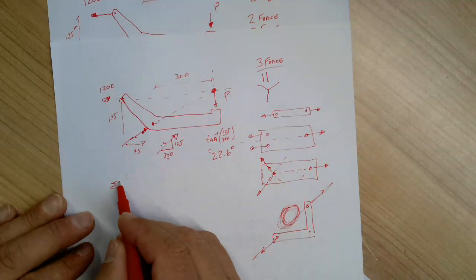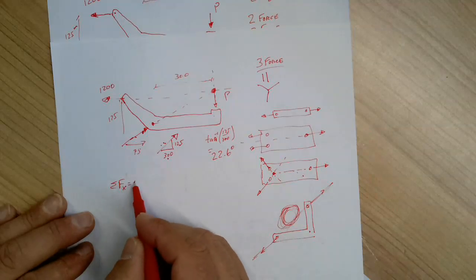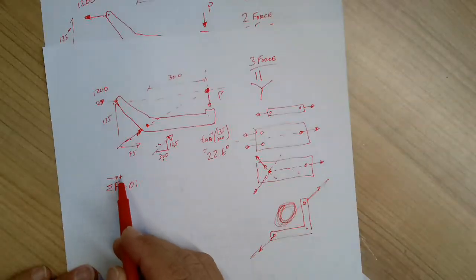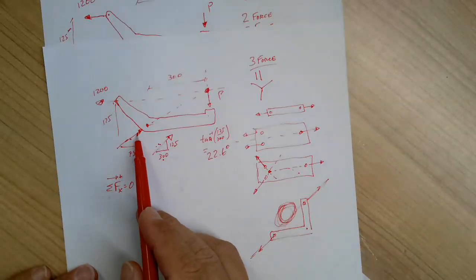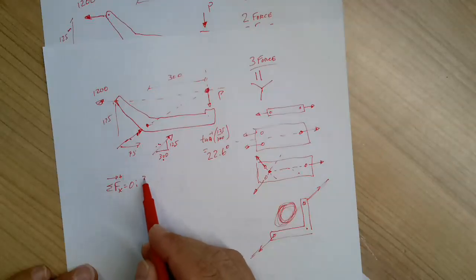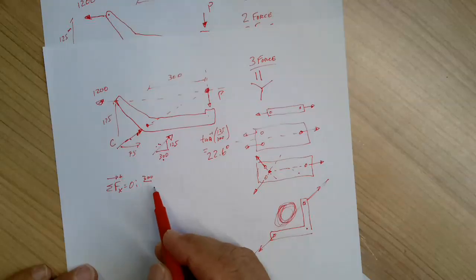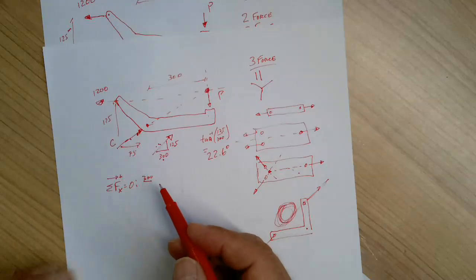Sum of forces in the x equals 0. I'll go to the right positive. How much of this is to the right? This is C. I know the direction of it.